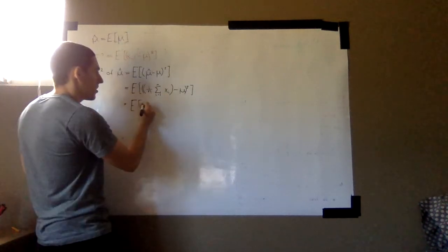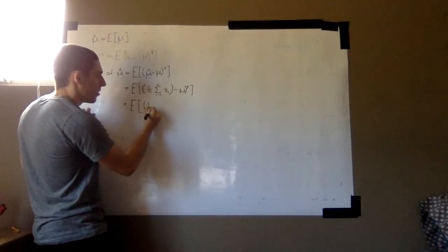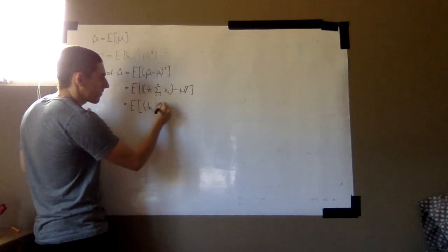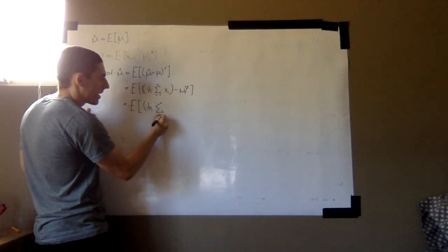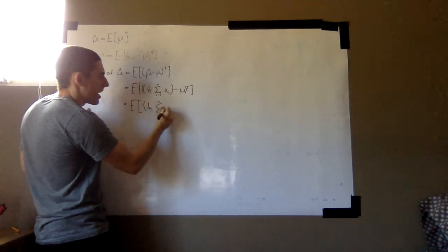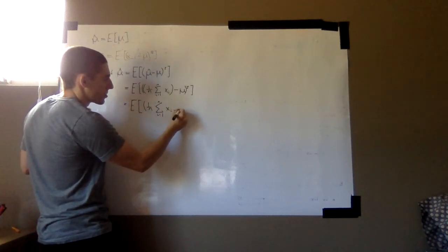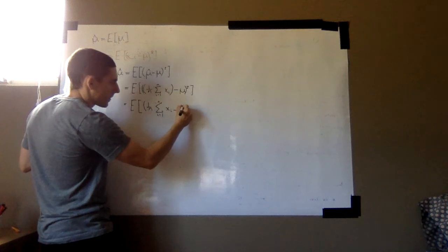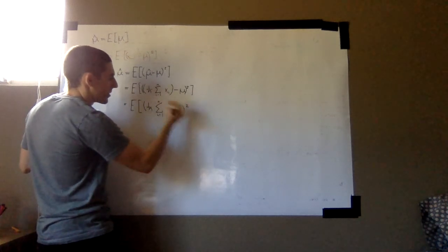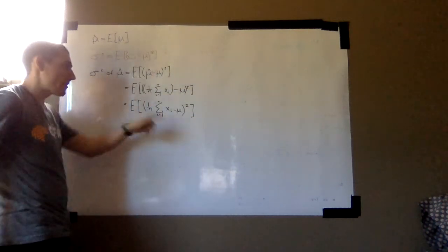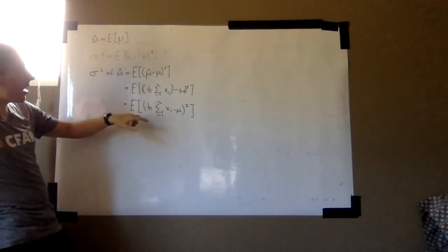So in this case, we have 1 over n times the sum of i equals 1 through n of xi minus mu, and the whole thing is squared. Not the whole thing, because everything within the expectation is squared.